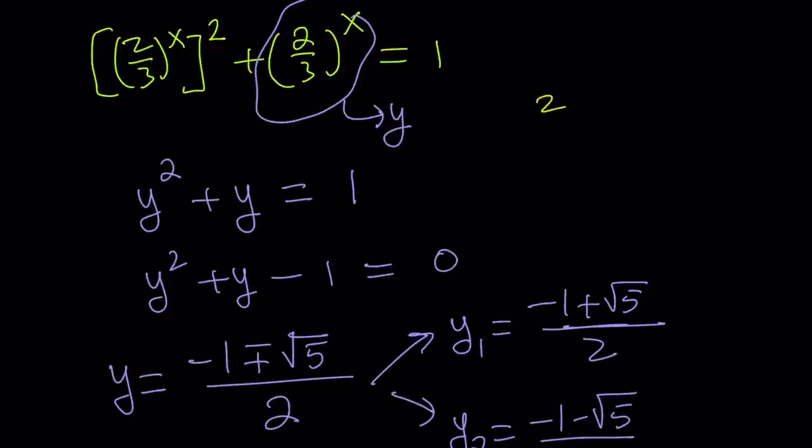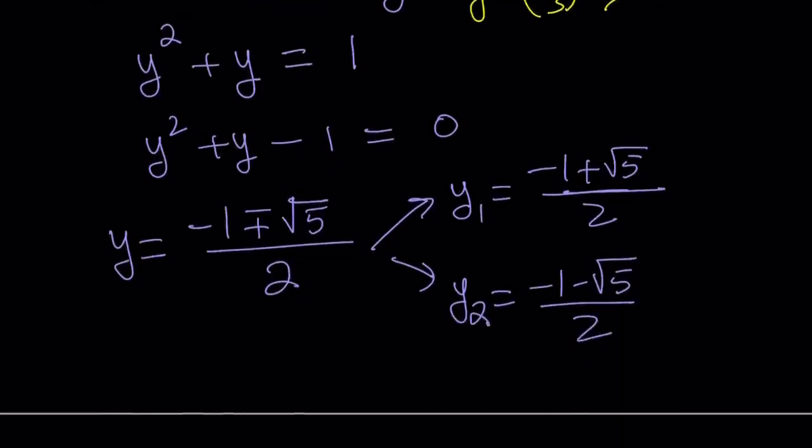Because 2 over 3 to the power x is always a positive quantity, therefore it can't be negative. It can't even be 0. It can only approach 0 if x approaches infinity, but that's a limit and that's something else. So, our y value needs to be positive.